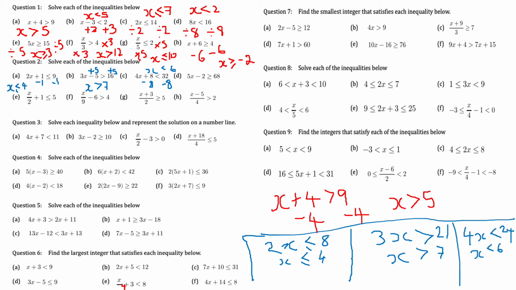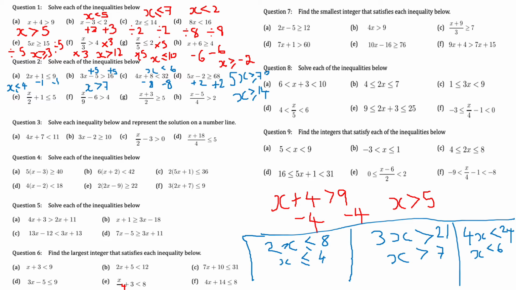For part D, 5x minus 2 is greater than or equal to 68. Adding 2 to both sides, we get 5x is greater than or equal to 70. Dividing both sides by 5, 70 divided by 5 is 14. So x is greater than or equal to 14.